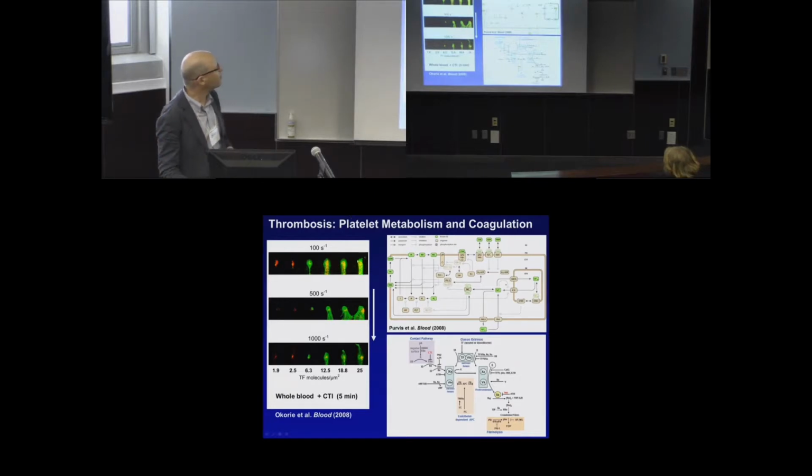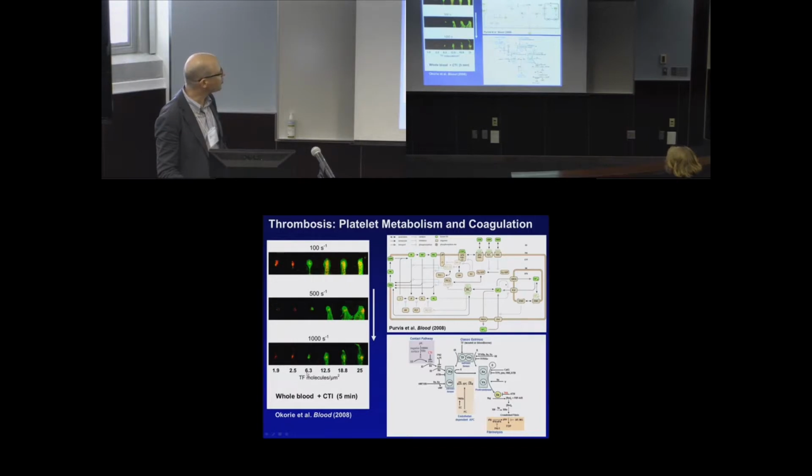So this was an experiment we conducted a number of years ago where we perfused human whole blood over a microarray that had been printed with collagen spots, and we added increasing amounts of tissue factor, this is the trigger of the extrinsic pathway, to these spots.